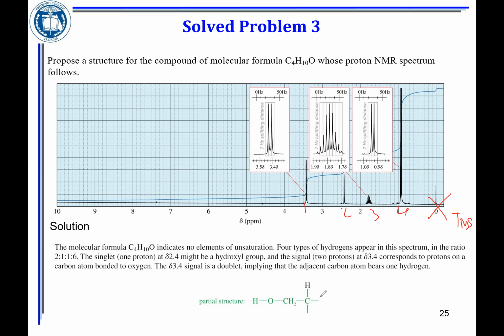In this partial structure, this is a CH3, CH3, so we have 1 type of hydrogen. I'm just going to number it. If this is a 4 and this is 4, this hydrogen is 3, this hydrogen is 2 here, and the CH2 is 1. So we have 4 types of hydrogen. That's why we get 4 signals.